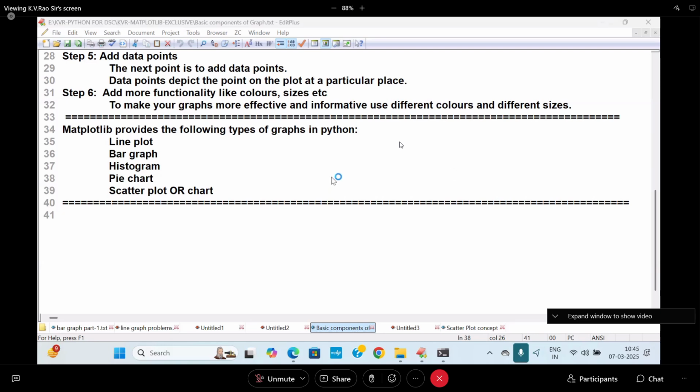Right. So Karthik. So he's not there. So any more doubts you have?